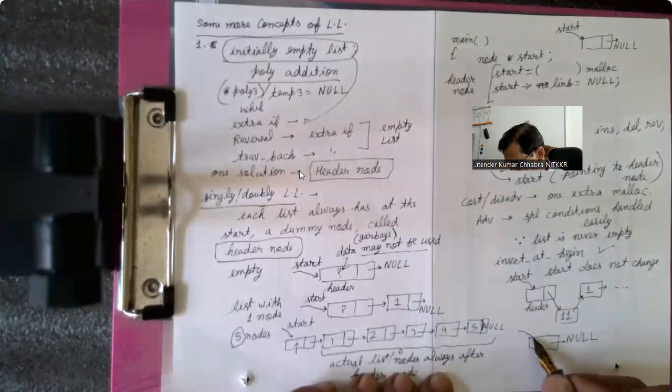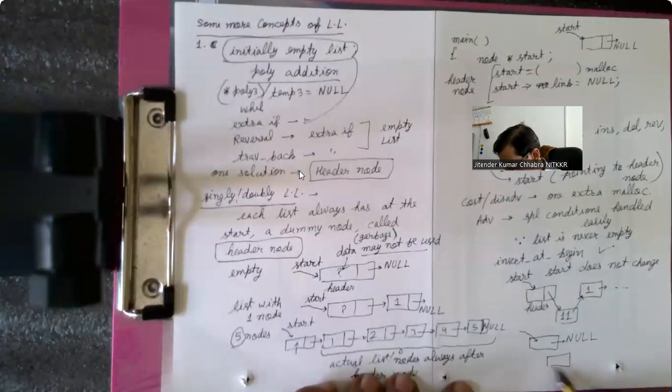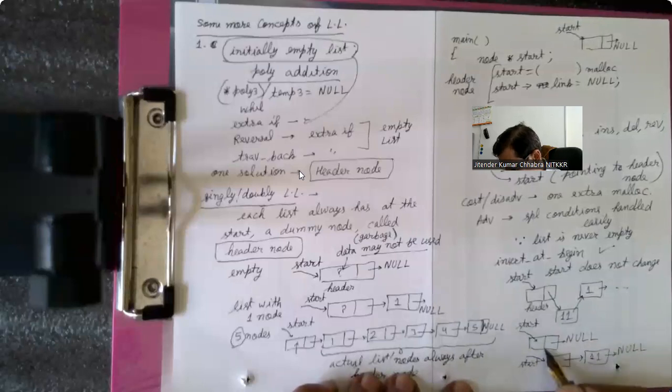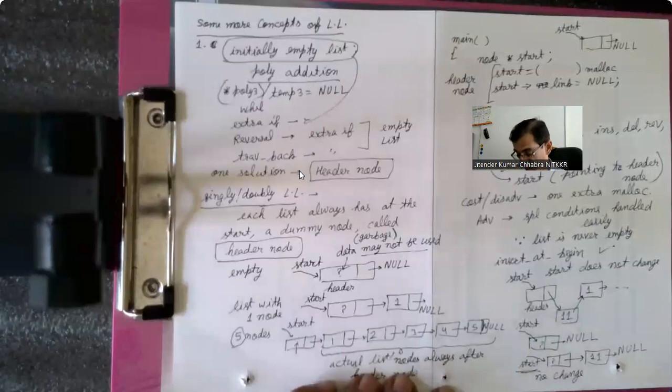Insert at position 1 or insert at begin again meant just this, and then let's say 11 is added, and this becomes null. Again, start remains the same. Whatever data is not being used, but no change. Now you can see this becomes a simple case.